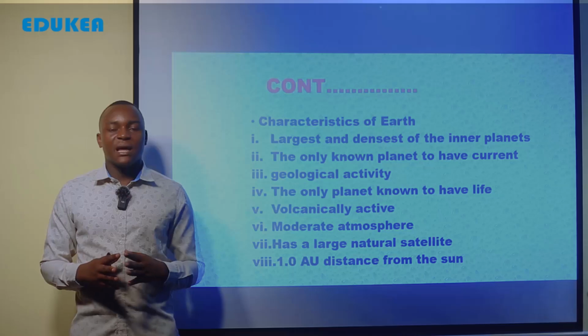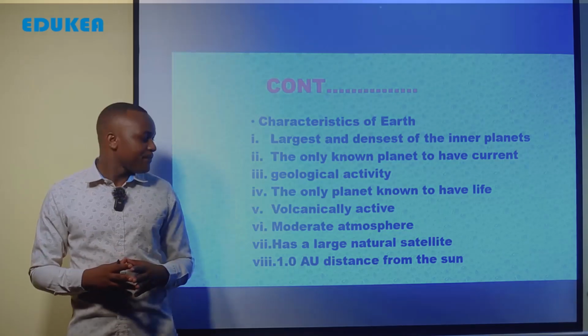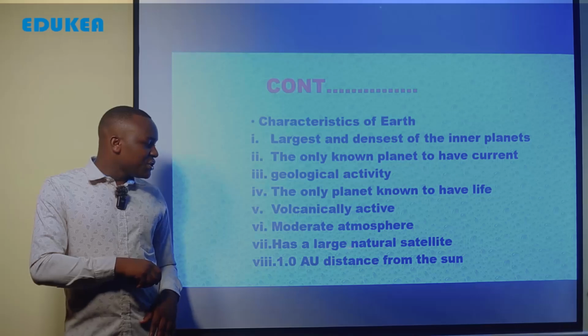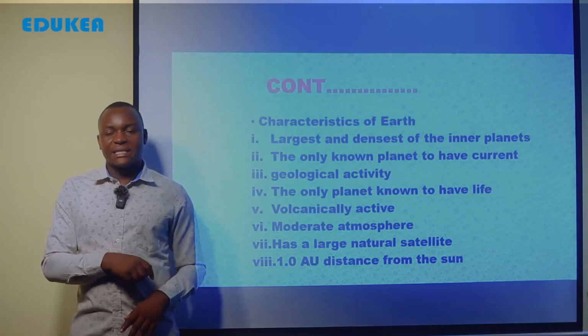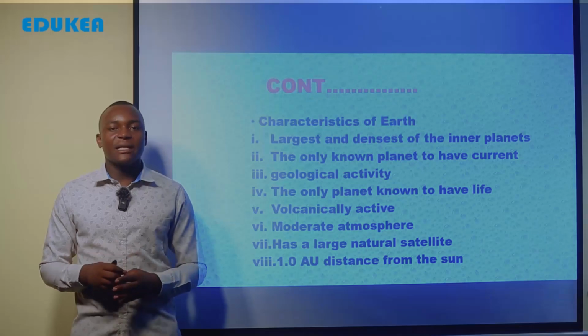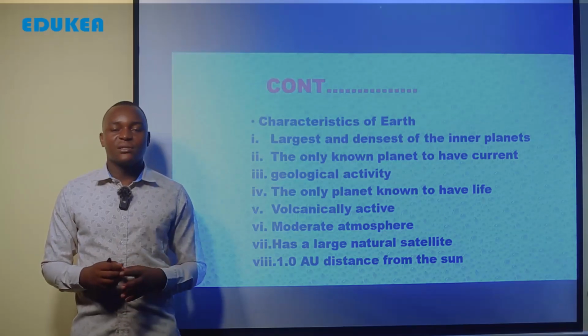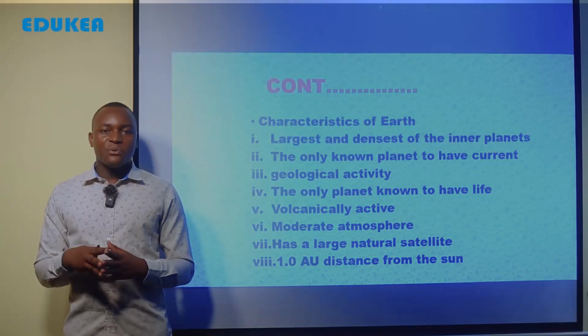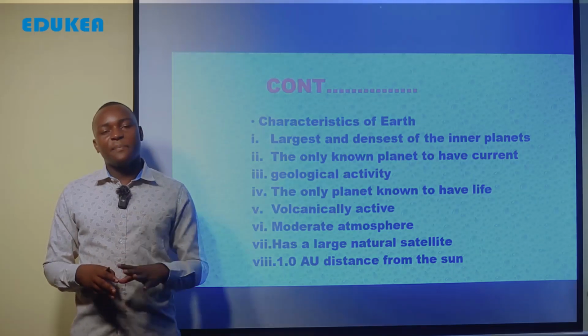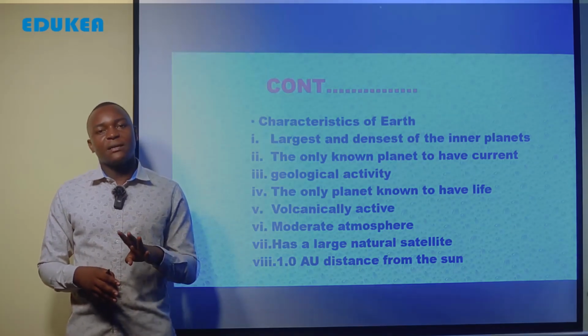Also, we say a large natural satellite. As you can see, the moon is a natural satellite. It is large. So dunia kama ni miongoni mwa inner planet ambayo ni inner planet ya tatu, tunasema kwamba it has a large natural satellite.